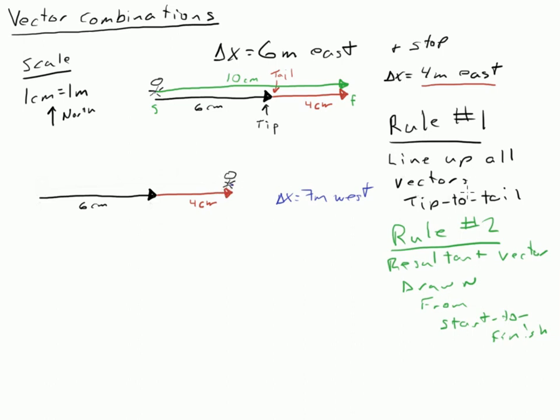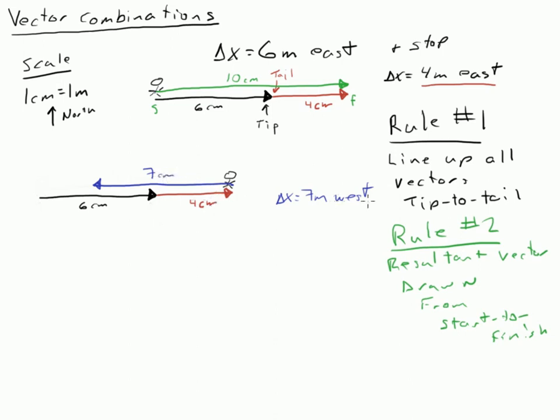Again, line up all vectors tip to tail. So since we finished right here after this vector, the 4 meter vector, you're going to start and go to the west. So you have to keep the direction, go all the way back to the west, about 7 centimeters on our scale, or 7 meters in the real world, like that, and we have 7 centimeters there.